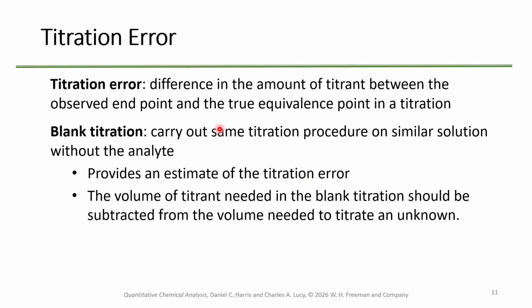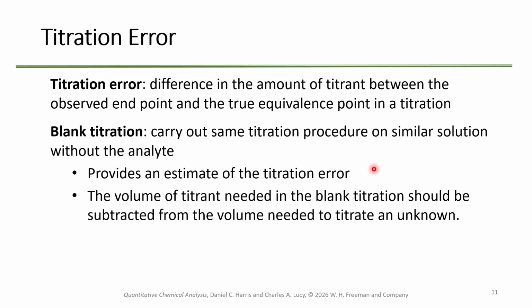Now, titration error: the difference in the amount of titrant between the observed endpoint and the true equivalence point in a titration is your error, of course. Blank titration: you're going to carry out the same titration procedure on a similar solution without your analyte. This will actually give you an estimate of your titration error.